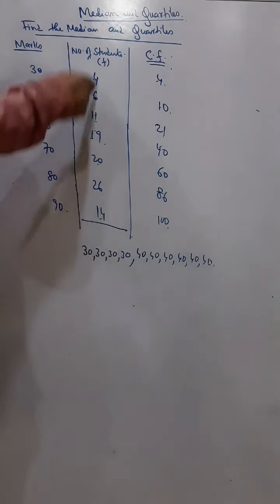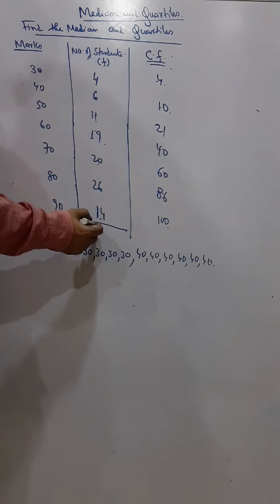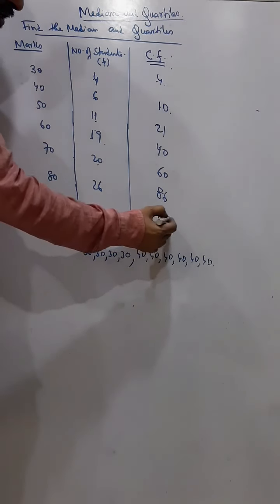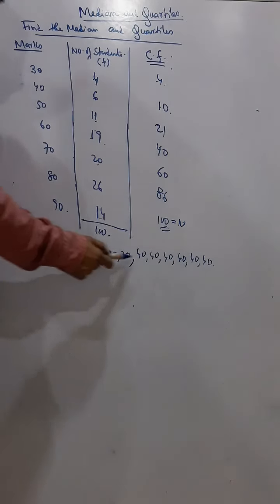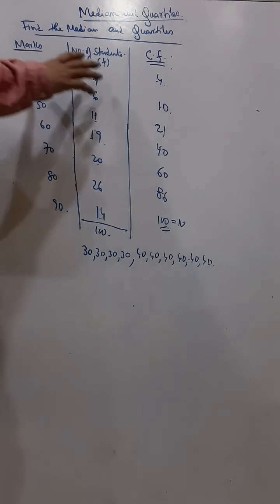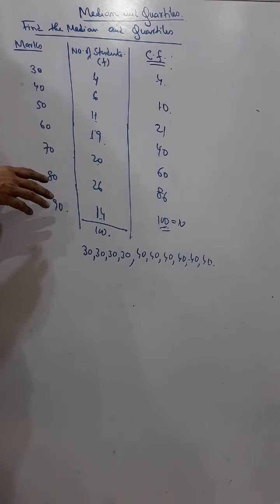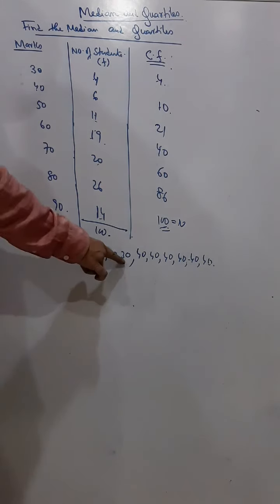When you add up the total number of elements, that is sigma f, here you will get 100. So that means this is equal to n, 100. So there are 100 terms. Understand? So here you can easily understand that the first four terms are 30.